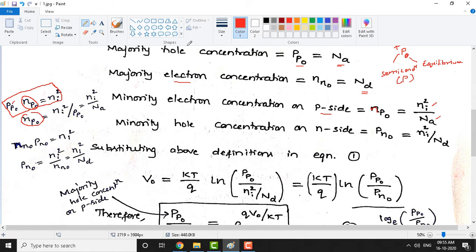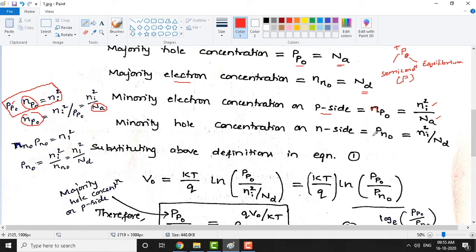Pp naught we already know is equivalent to Na, so you can substitute it here: Ni square divided by Na. Therefore, Np naught, the minority electron concentration, is equal to Ni square by Na. This is the equation we have shown here. Similarly, we can also find the mathematical equation for the minority hole concentration on the N side, which is Pn naught.